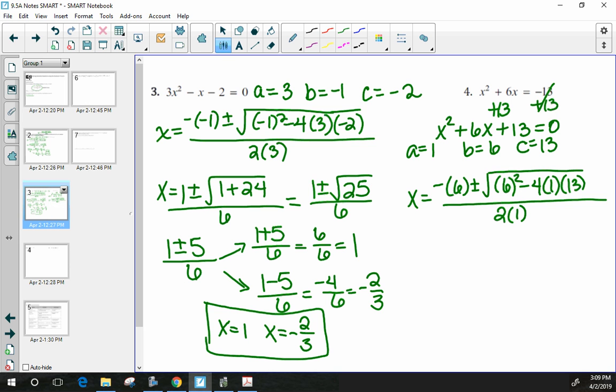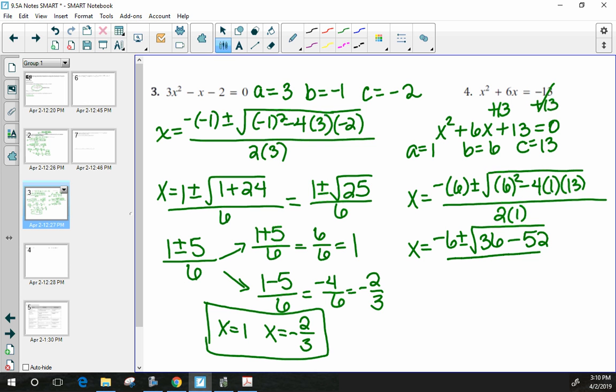All right, so if we do that then, we're going to do x equals, the negative of 6 is going to be a -6 here, plus or minus, what's 6 squared? We get 36 there. And then minus, or a -4 times 1 is still a -4. And then what's 4 times 13? It is 52. Very good.